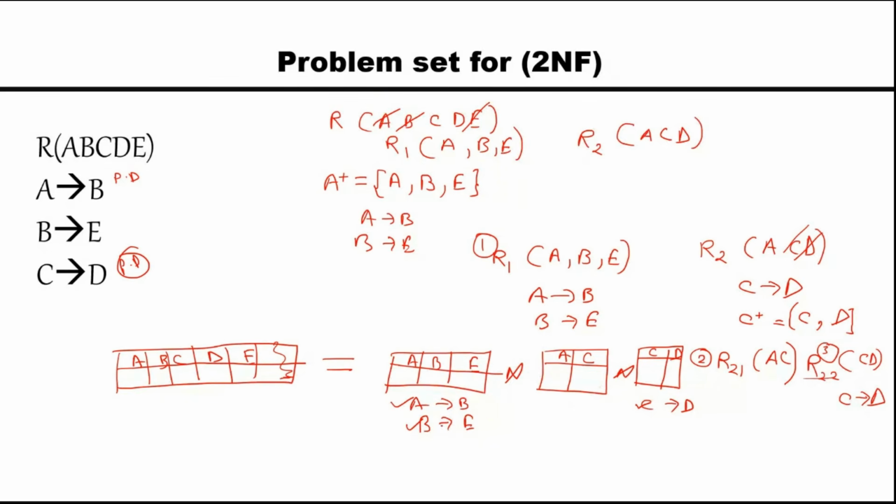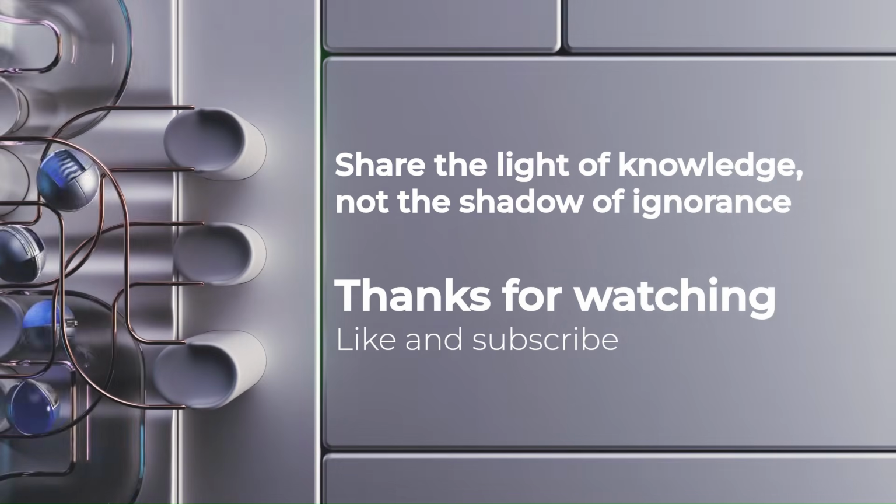But in this decomposed relation, you don't have any partial dependency and you don't have any other problem. Up to 2NF, this is decomposed. So this is the final solution for this problem. Okay, students, thank you.